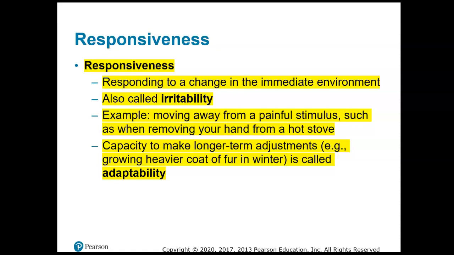Say you've eaten a meal. Your digestive system begins to respond by going through the stages of digestion and digesting that meal. So sometimes responsiveness is not something you are consciously doing. It's automatic inside your body, and your body systems are taking care of things without you even knowing about it.